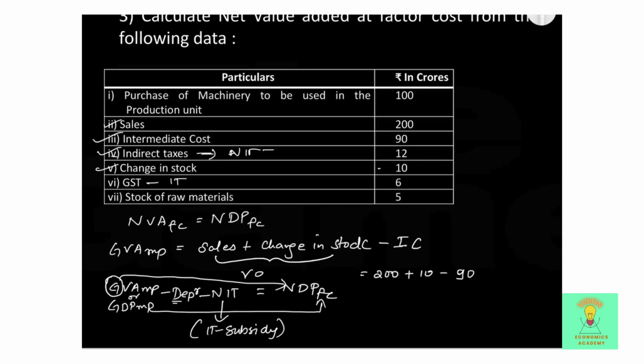So minus 12, okay. So 210 minus 90 minus 12, okay. 120 minus 12, that is 108 crores.